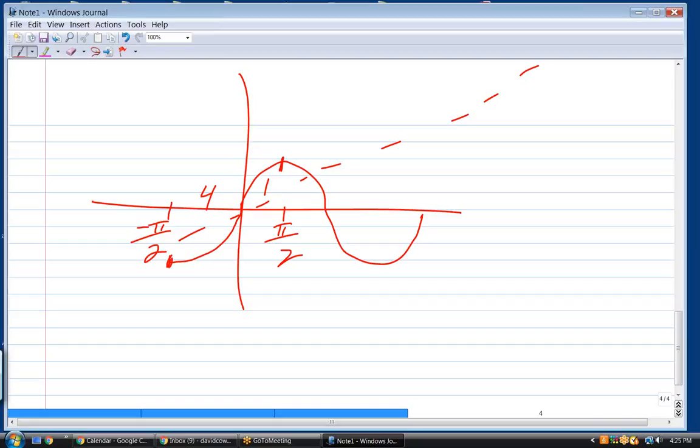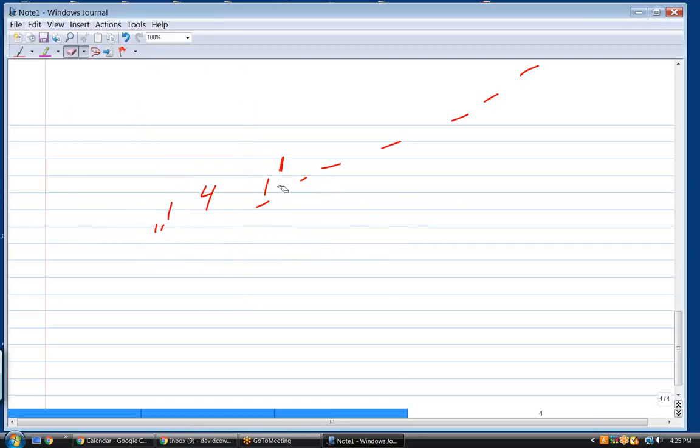That function is 1-to-1 between minus pi over 2 and pi over 2. And when I reflect it, it looks just like something like that. And this is inverse sine. Y equals inverse sine of x. So the inverse trig functions are just like all inverse functions. Graphically, they're reflected over the line y equal x, and so forth and so on.